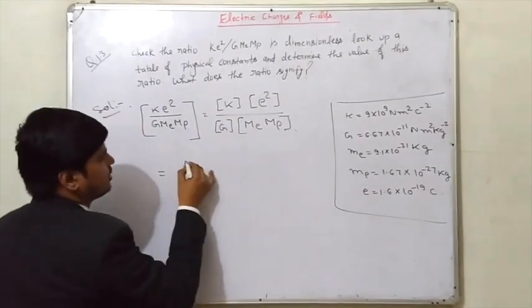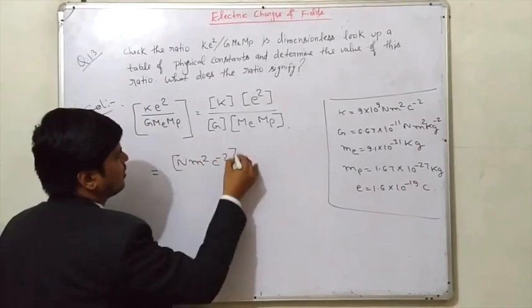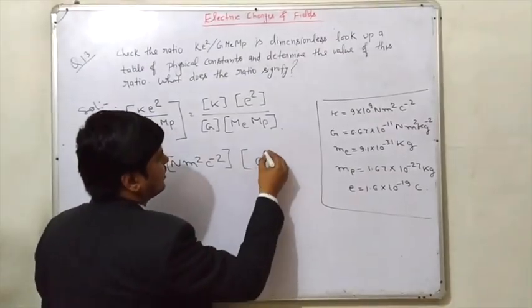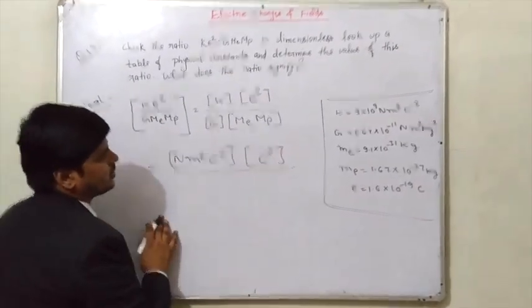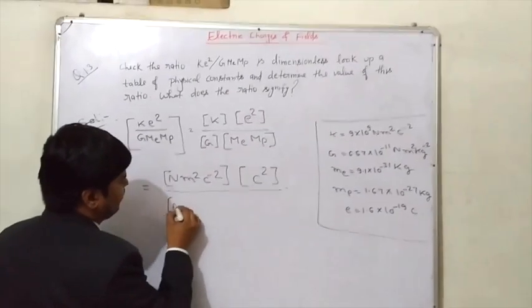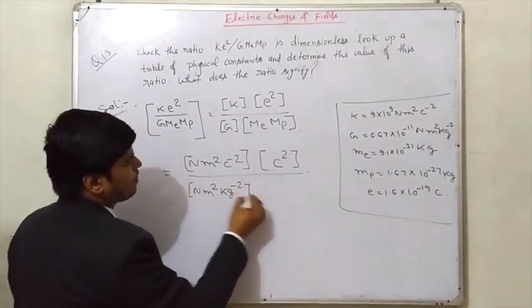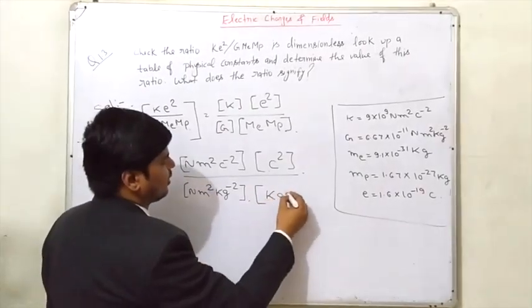Unit of k is Newton meter square per coulomb square, and the unit of charge is coulomb, that is coulomb square, and the unit of G is Newton meter square per kilogram square, and the unit of mass is kilogram, that is kilogram square.